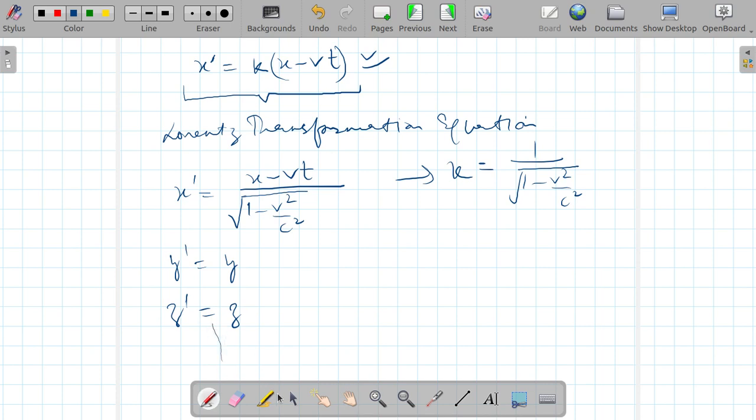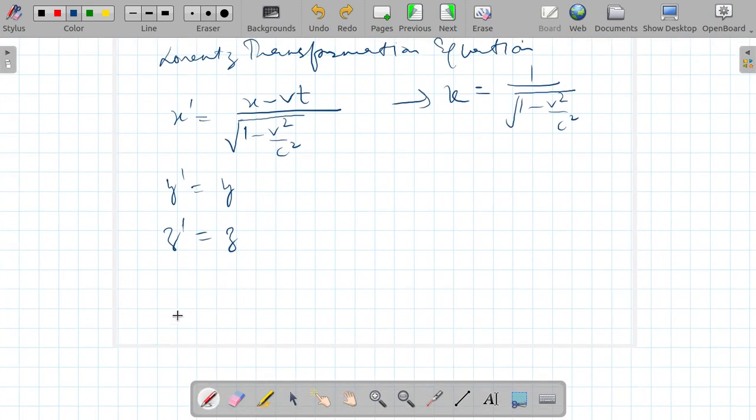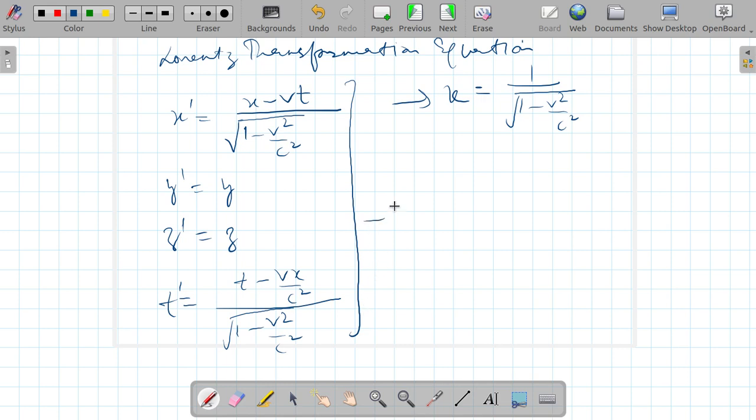So what was the time equation? I'm just writing that equation directly. So the time in the moving frame of reference will also be written as t minus vx over c square upon 1 minus v square over c square under the root. So this is one set of equations, and these are known as Lorentz transformation.